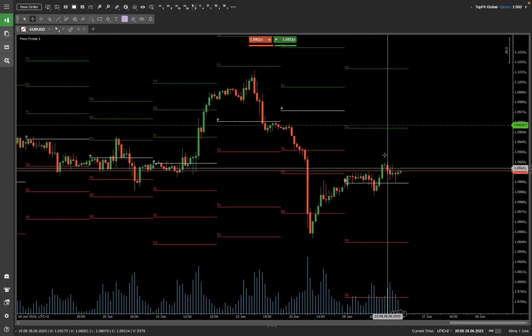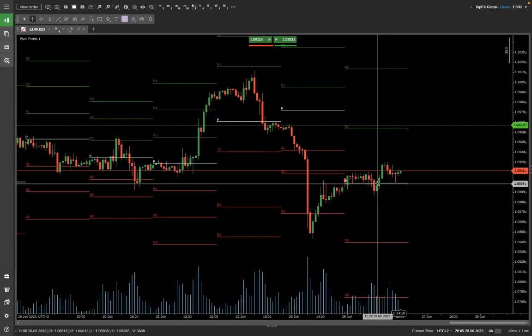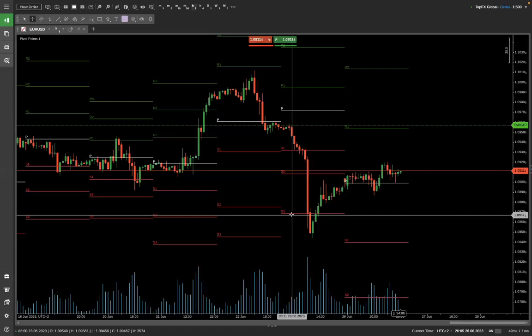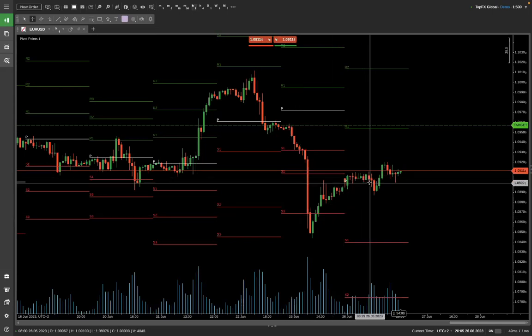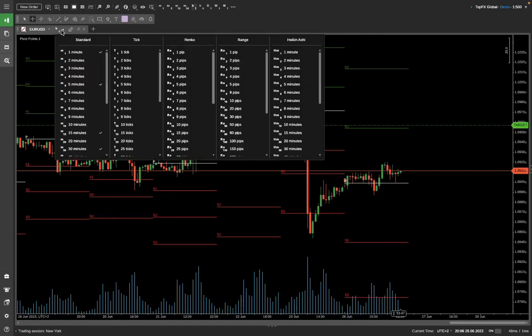Please notice that this is a daily pivot, which means the calculations for this pivot are being made by the price high and price low from the previous day, and you need to apply your pivot to a lower time frame than it is calculated. For example, you can apply this daily pivot to any time frame which is below the daily.